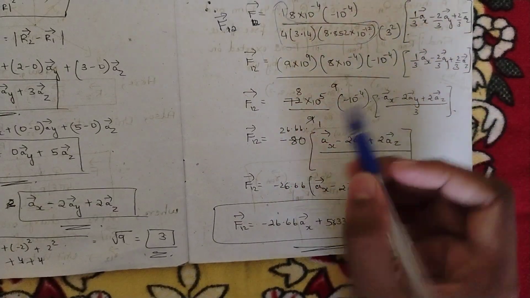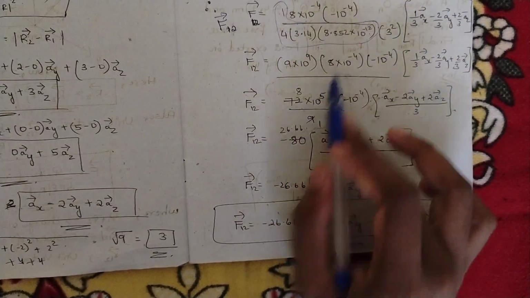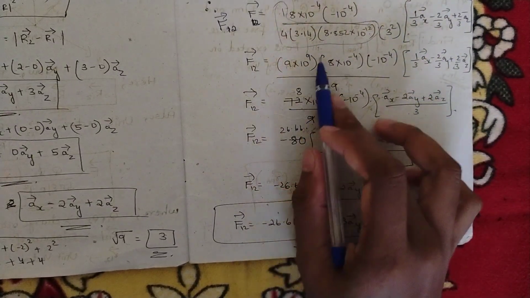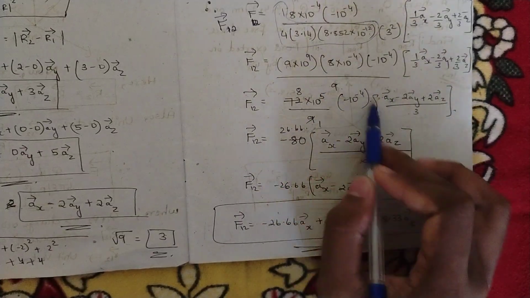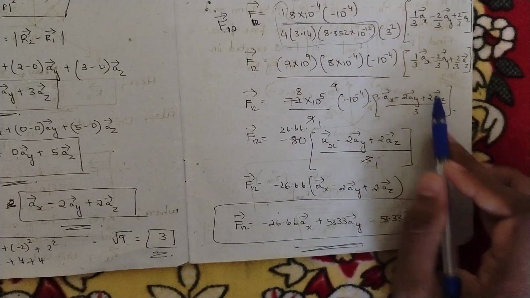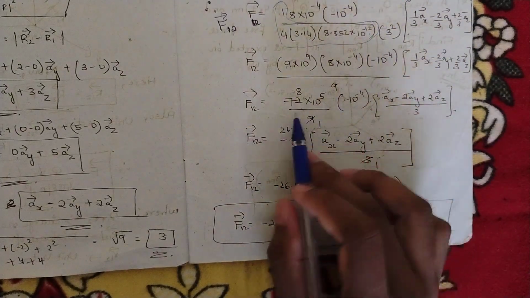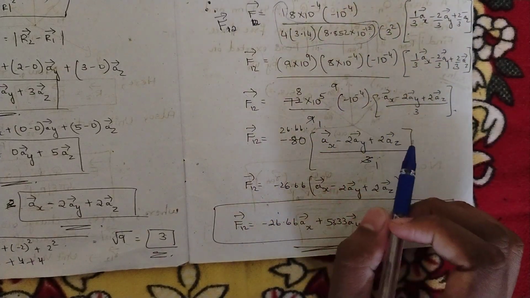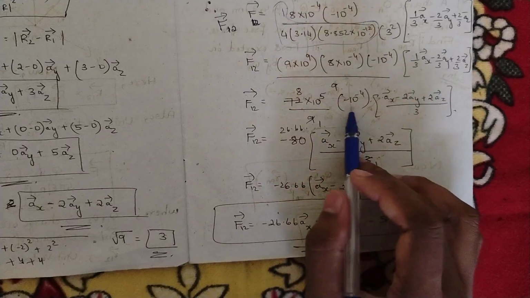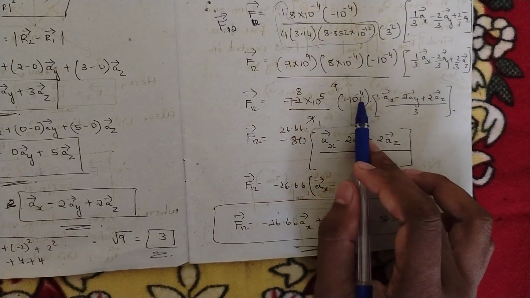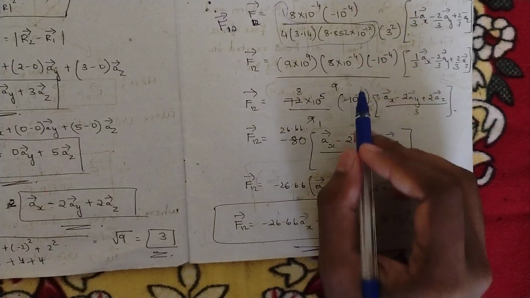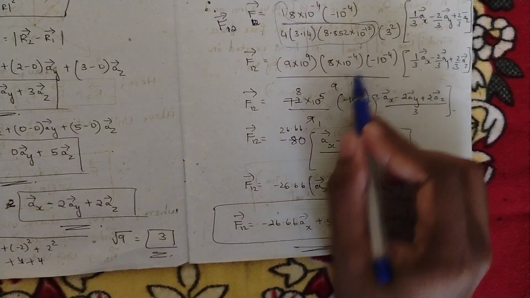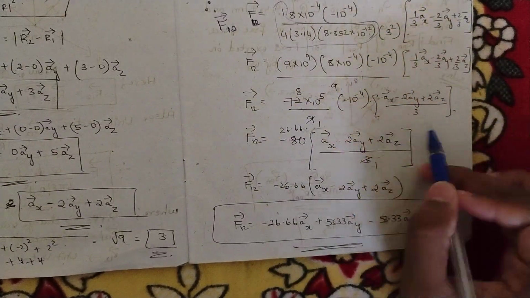So do the simplification part, that is 9 8s are 72. Then we have 10 to power 9 and 10 power minus 4, that is 10 power 5. And this you keep as it is, 9 1s are 9, 9 8s are 72. Now what we are left with is 8 into 10 to the power 5 and 10 to the power minus 4 along with one minus sign, so 5 minus 4 is 1, that is 8 into 10 to the power 1 is 10, so 8 10s are 80, we have minus 80 along with this term.